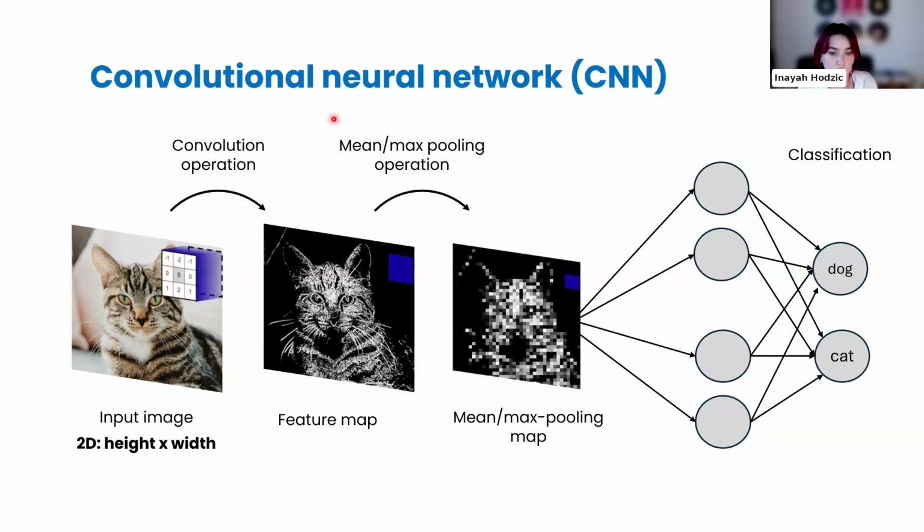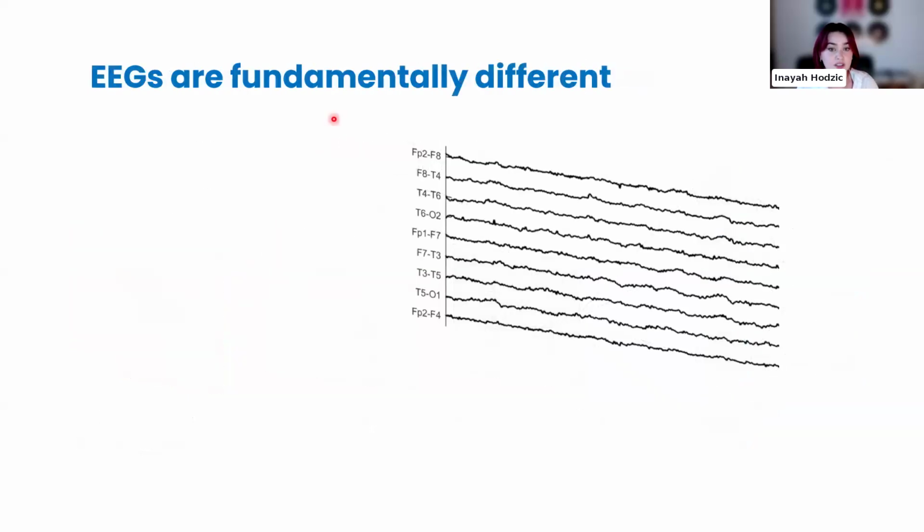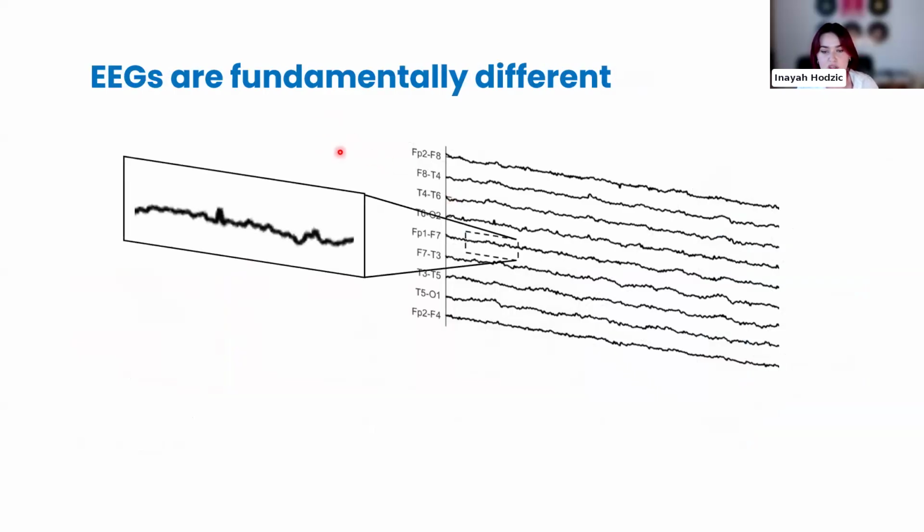But that's the first problem that we had, is EEG data is fundamentally different from such images. It's time series data. And if we, for example, zoom in on a particular part of this data here, we can apply the same principle: have a convolutional filter slide over the signal right here and identify underlying features and patterns.